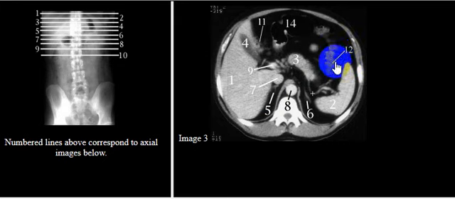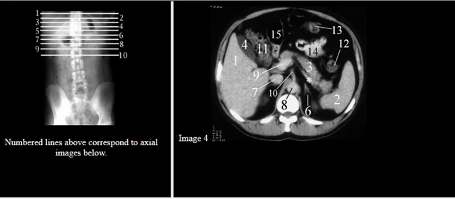And here again, this is the descending colon, here this is the ascending colon, and here this is the stomach again. Here we see the descending colon, ascending colon and the transverse colon.